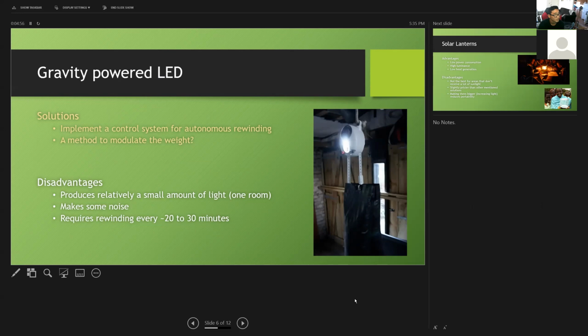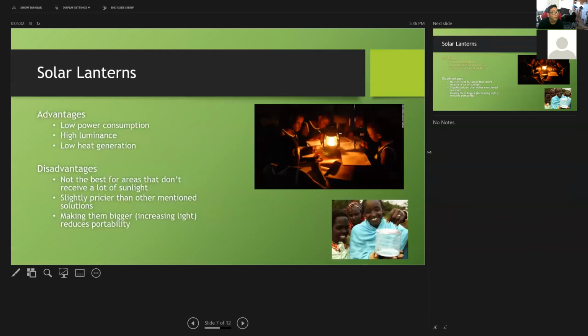If we're able to use a control system that stores power, so it regenerates the control mechanism to autonomously rewind the system and therefore provide continuous lighting without the manual controls, while still maintaining affordability and reliability, this could present a potential good solution for our design. All right, next slide. All right, Alex, over to you.